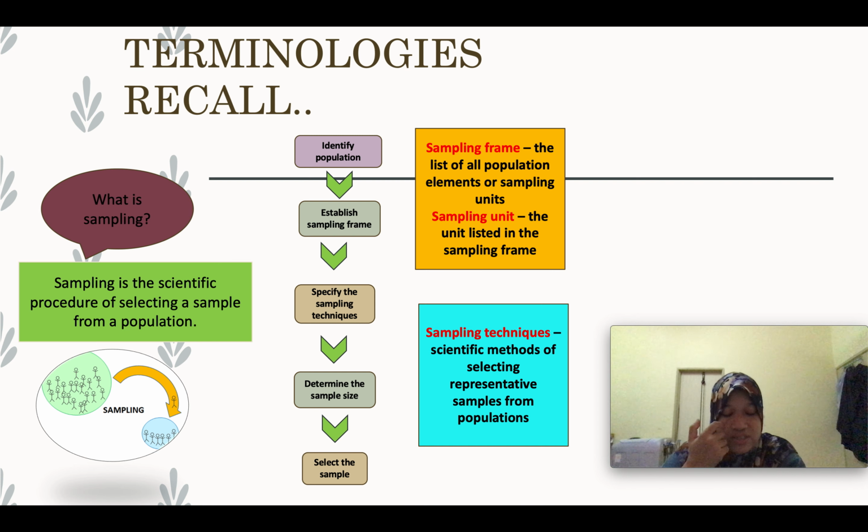So it is very crucial to select the correct sampling technique. The steps involved in sampling: first identify your population, establish your sampling frame, specify the sampling technique used, determine the sample size, and select the sample. You already know how to calculate the sample size from last semester's topic. I hope you still remember, or you can check on it later.